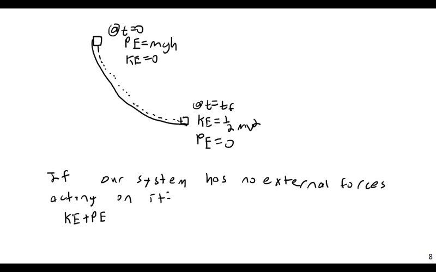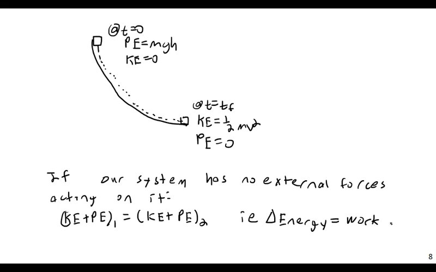So KE plus PE at 1 will be equal to KE plus PE at 2. In other words, change in energy is work done. If there's any change in energy, it is because there is work done by external forces.